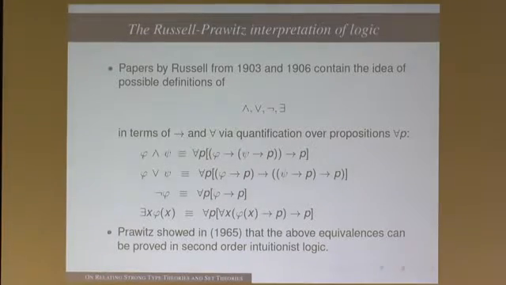In a certain sense, this means if you look at these things that you define, the connectives and, or, negation and existential quantifier, inductively, you can view this as an inductive definition.